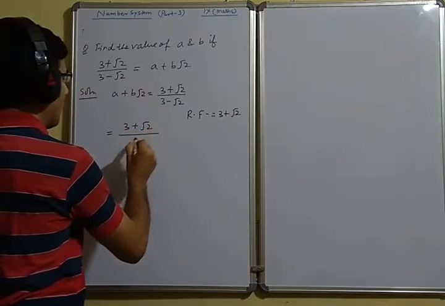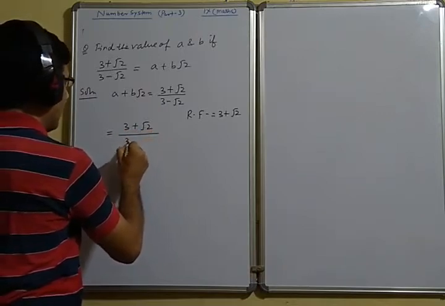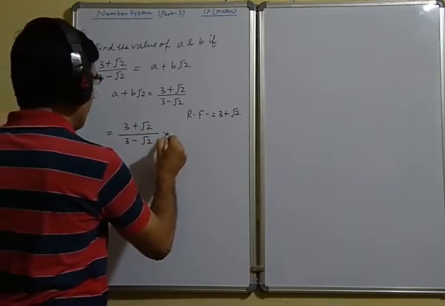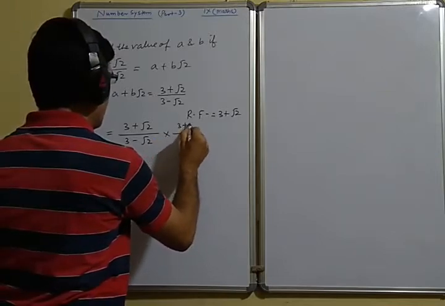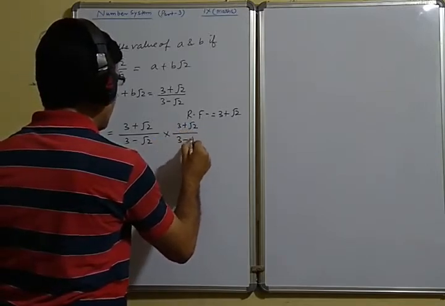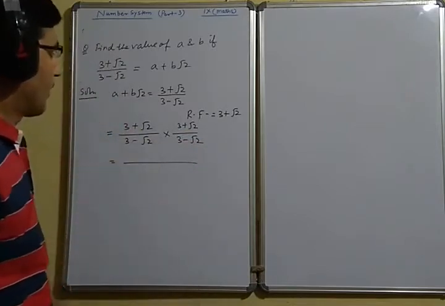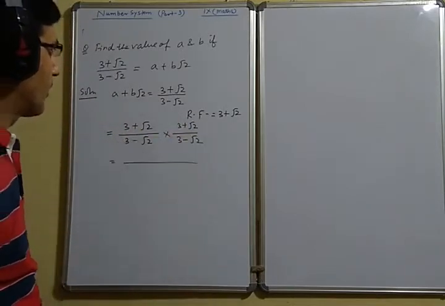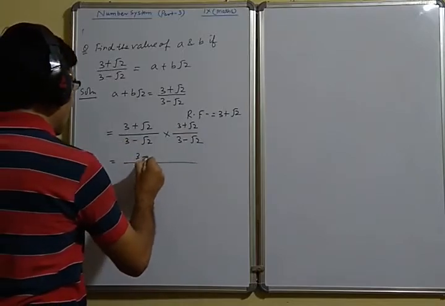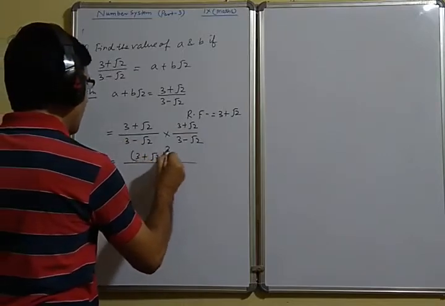So 3 plus root 2 divided by 3 minus root 2, multiplied by 3 plus root 2 over 3 plus root 2. In the numerator it is 3 plus root 2 times 3 plus root 2, so it becomes 3 plus root 2 whole square.